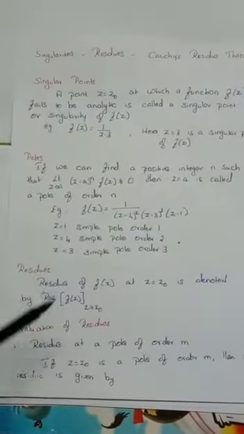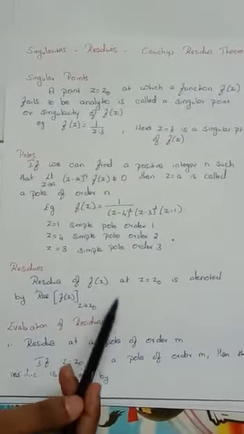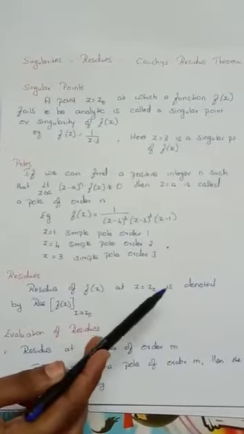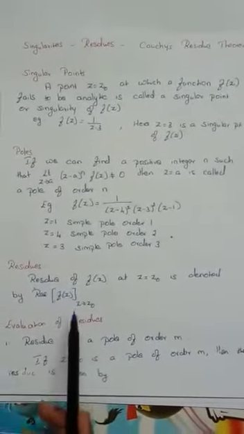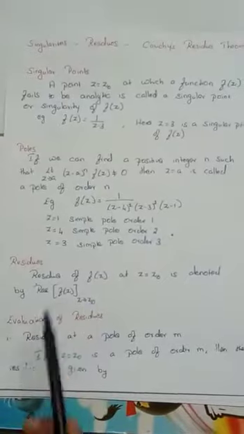Next is residue. Residue of f of z at z is equal to z0 is always denoted by residue of f of z at z tending to z0.